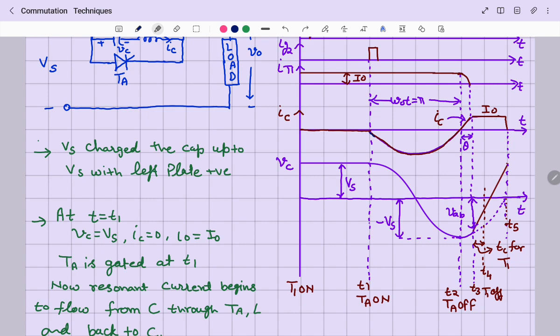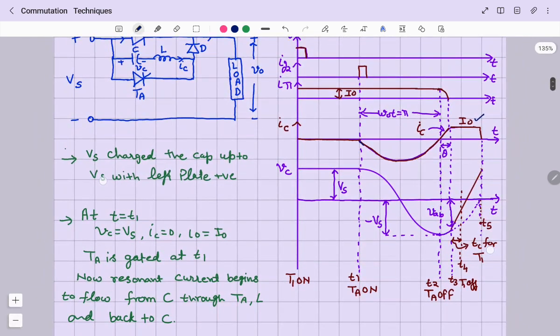The capacitor is charged through a constant load current I0 and it is charged up to plus Vs. Right? One thing you can notice is that the capacitor is in reverse bias. Up to instant T3, let me correct this, the instant is up to this point.